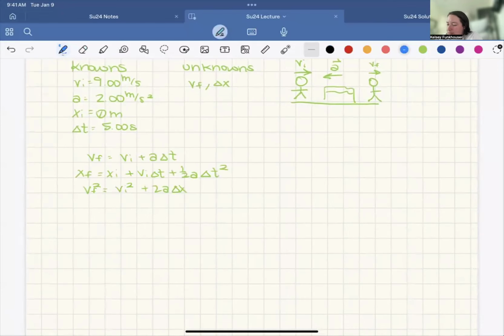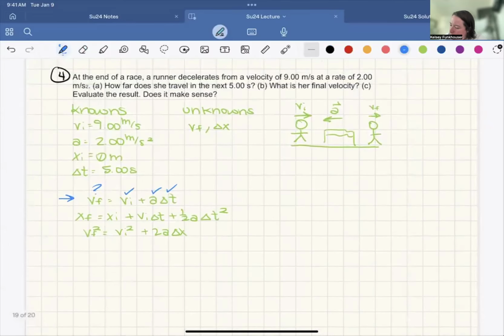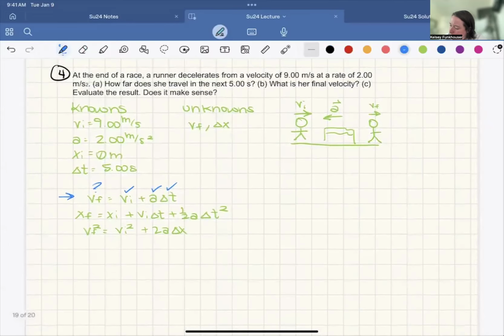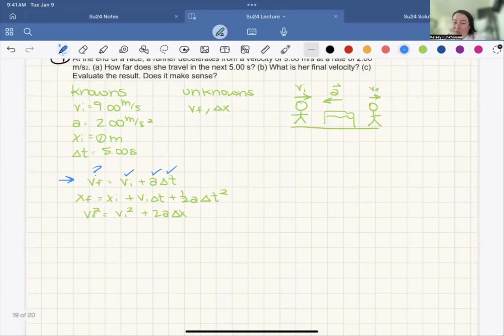Okay, so let's look through these. We want the final velocity, so that one, we don't have it yet. We know the initial, we know the acceleration and the time interval, so we'll probably use this equation. Oh, but actually, that's for part B.